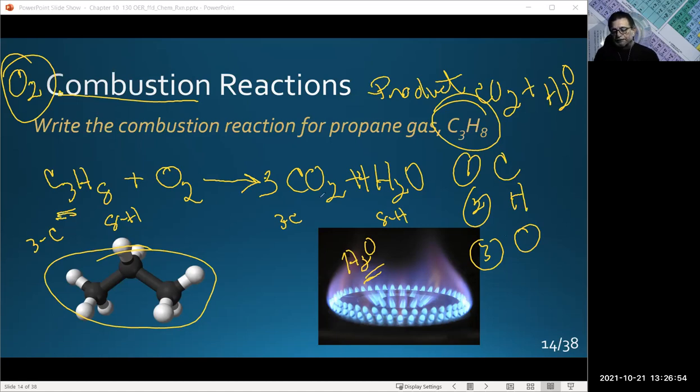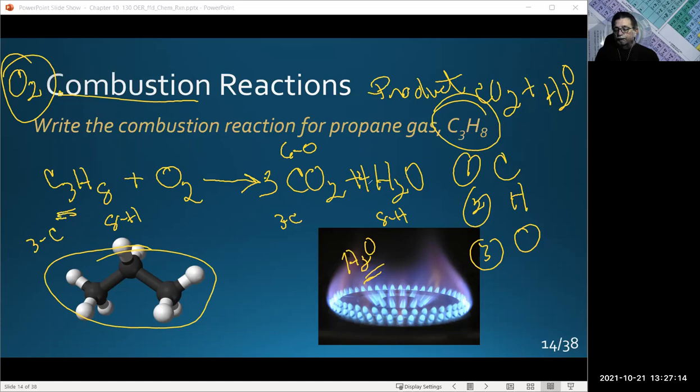So we go to the product side and we tally them up, because most of the time you get carbon dioxide and water, and the oxygen is distributed between 2 compounds. Here we have 3 carbon dioxides, which means 6 oxygens in the form of carbon dioxide.